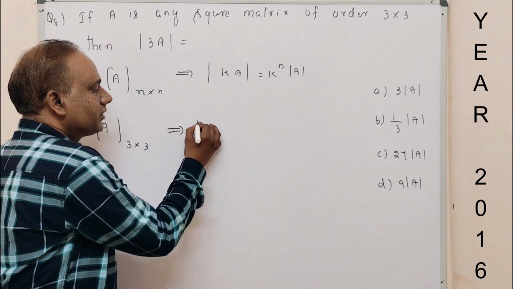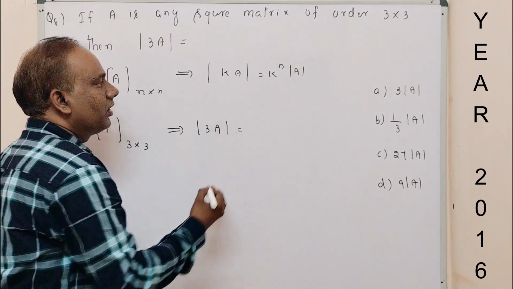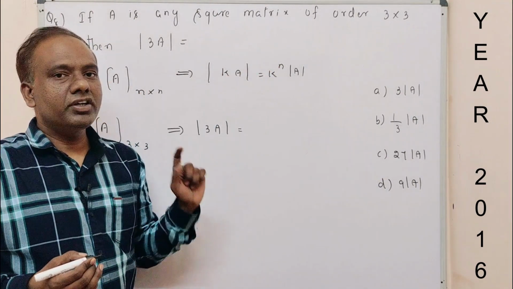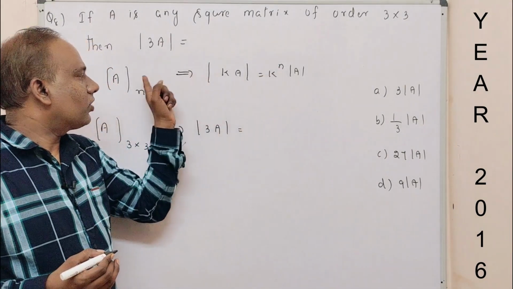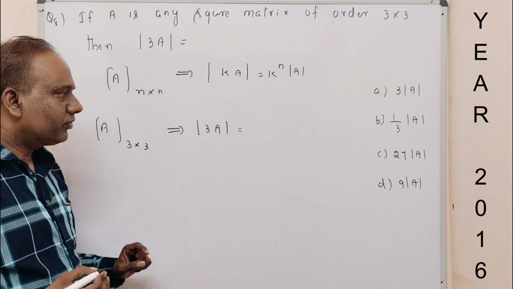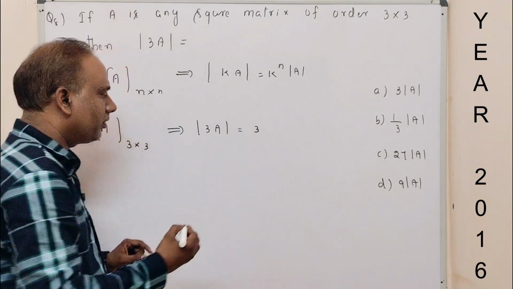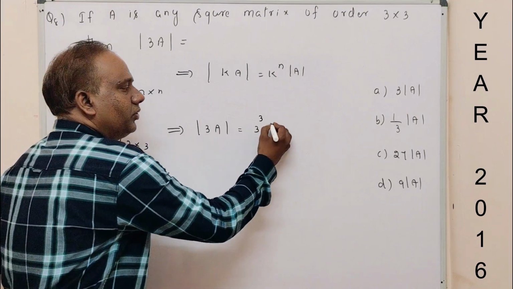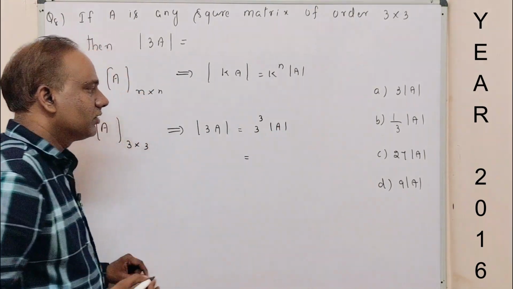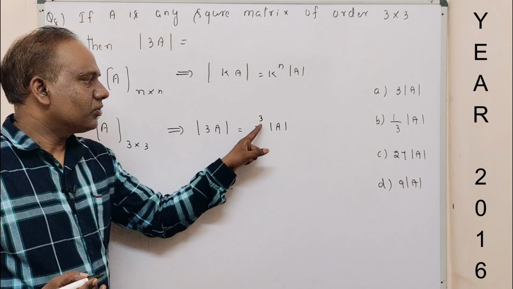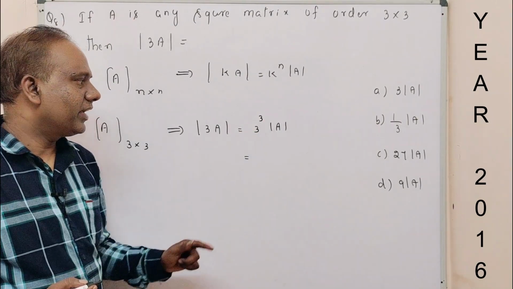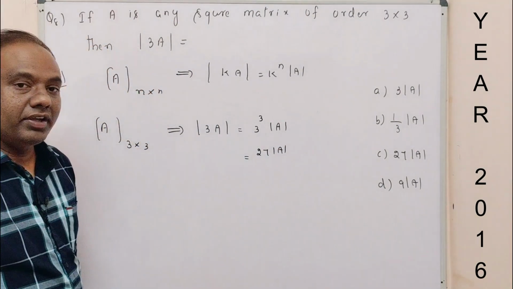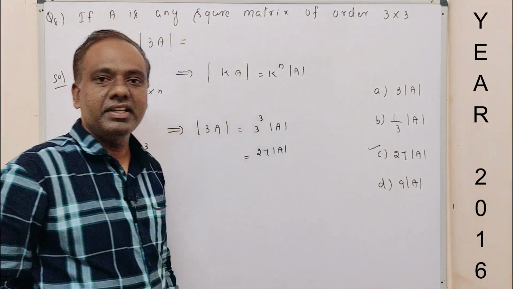So in this case, determinant of 3A means 3 power, order of A is 3 now, that's why power 3 into det A. So determinant of 3A is equal to 3 cube into det A. So 3 cube is 27, 27 into det A. So here option C is the correct one.